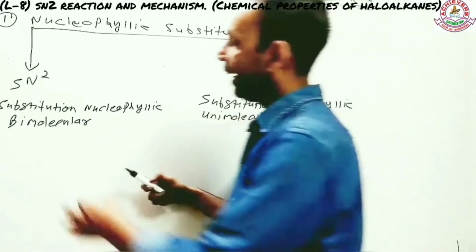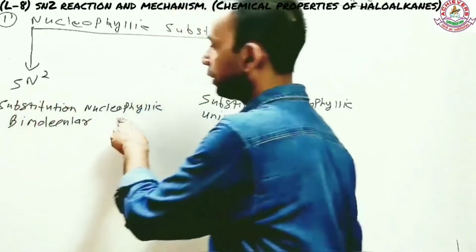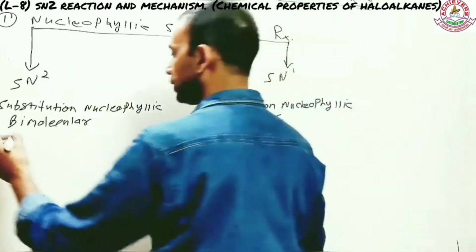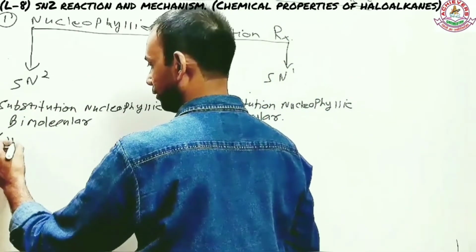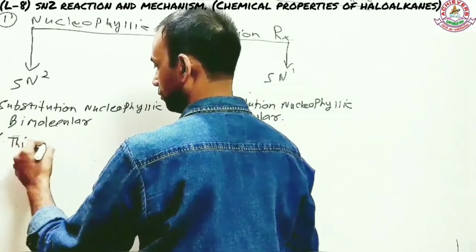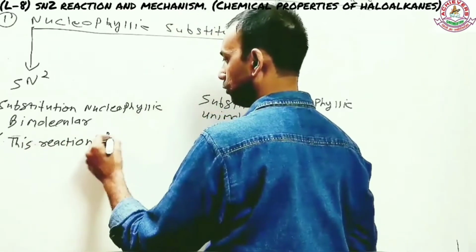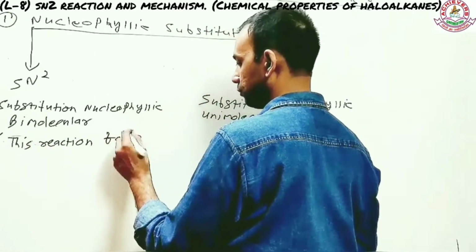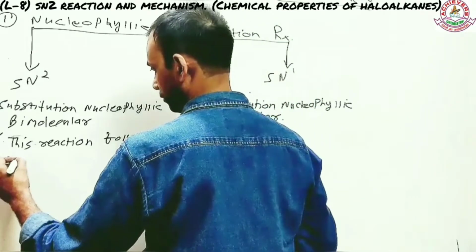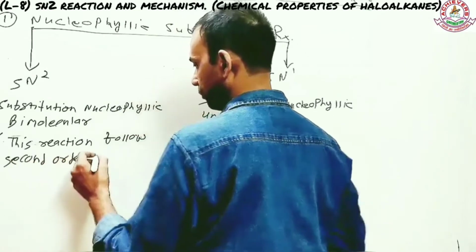Okay, so S represents the substitution part, N represents the nucleophilic part, and this 2 represents the bimolecular. What does bimolecular mean here? This reaction follows second order reaction.